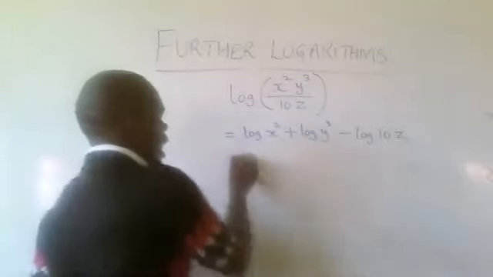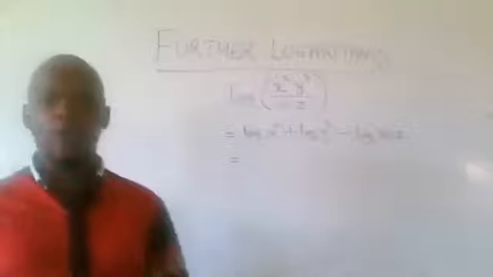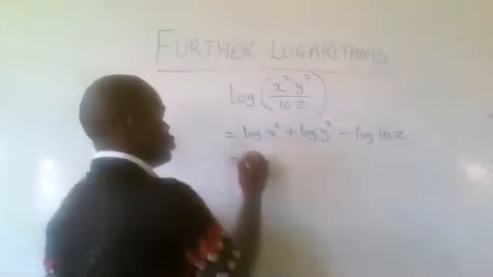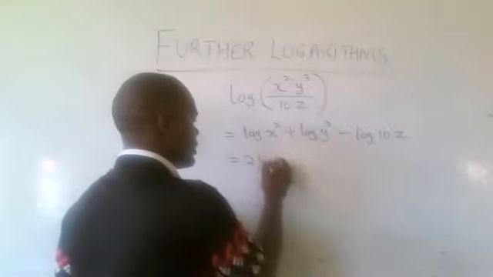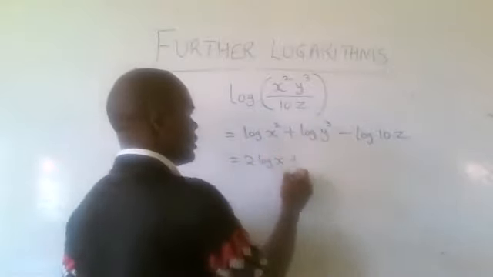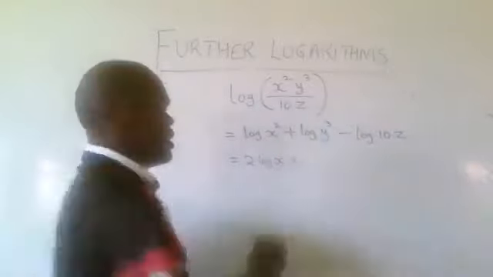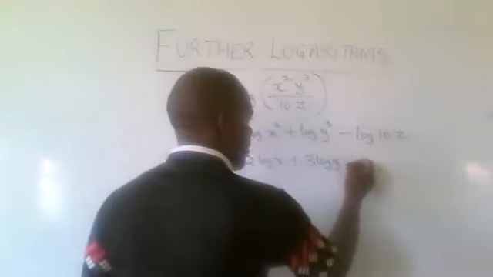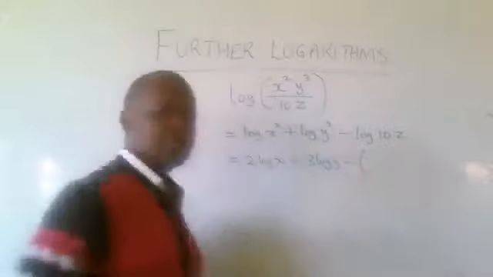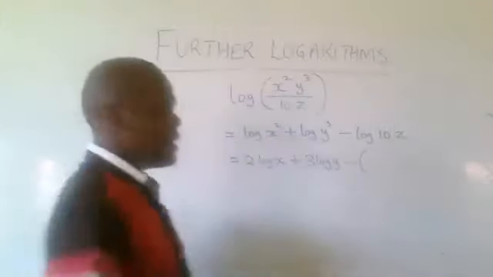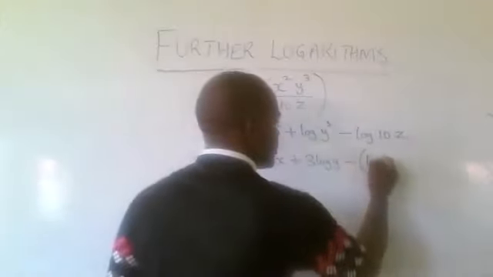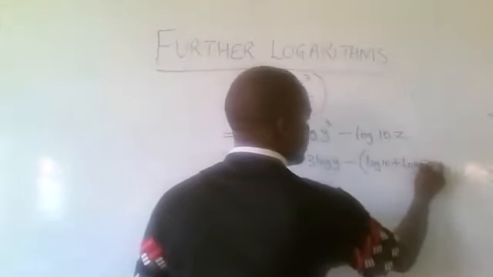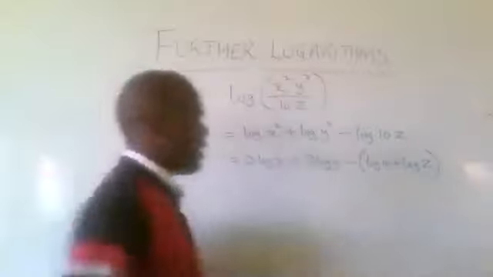So, according to the third law of logarithm, log x squared is 2 log x. Log y cubed is 3 log y. Then minus, in brackets, log 10z can be rewritten as log 10 plus log z according to the laws of logarithm.